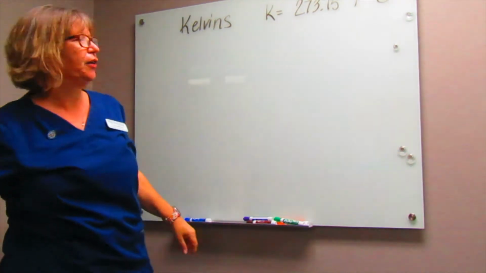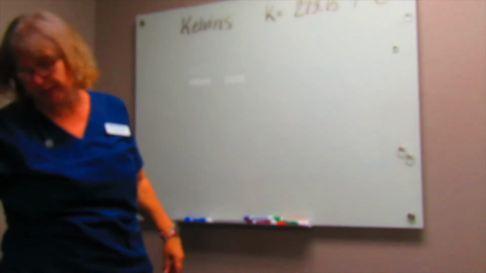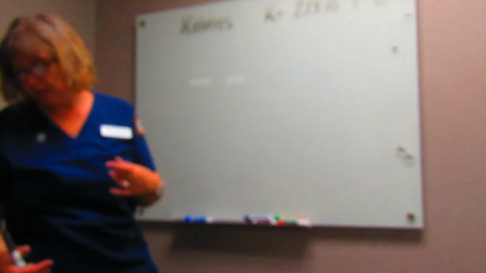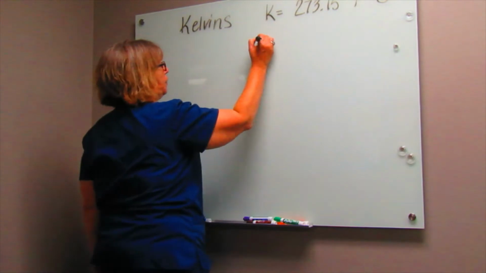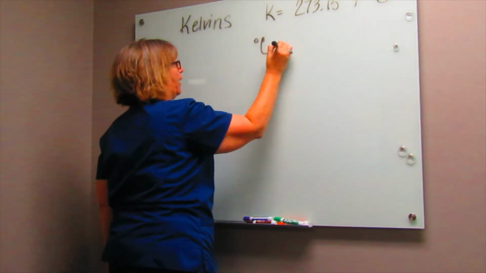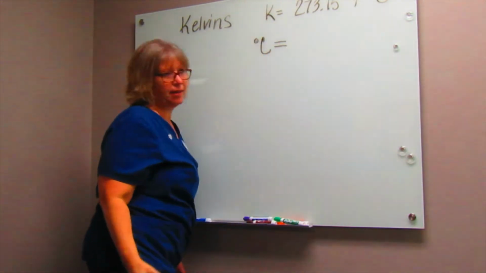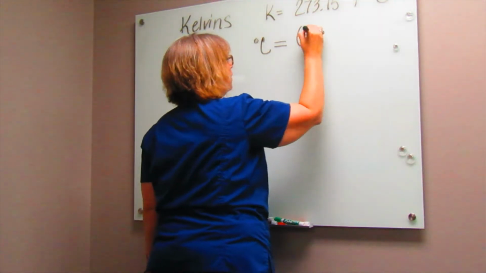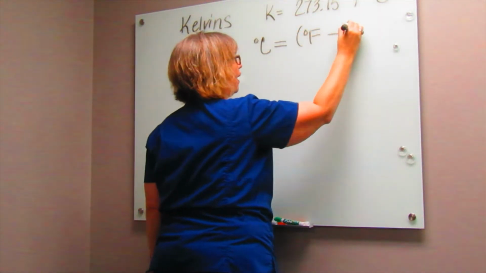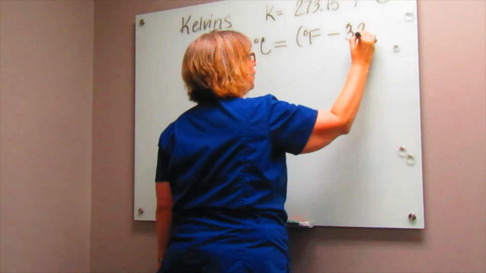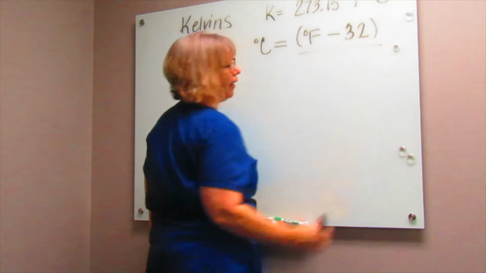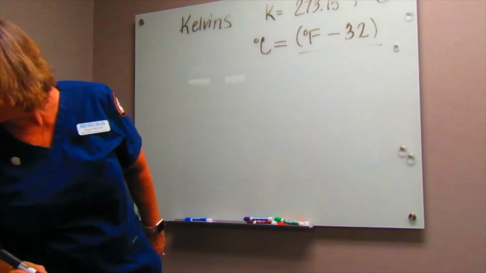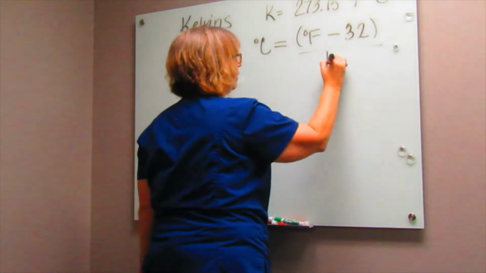In order to convert between Celsius and Fahrenheit, it's a little bit different. For Celsius to Fahrenheit, or Fahrenheit to Celsius, however you want to look at it, we use this equation: degrees Celsius equals degrees Fahrenheit minus 32, divided by 1.8.